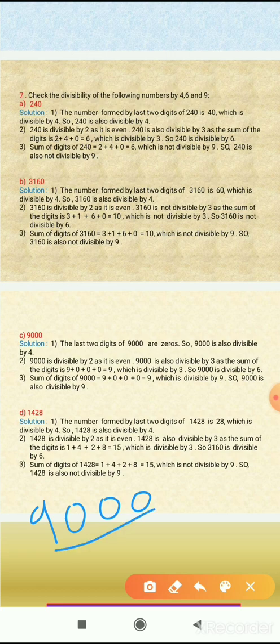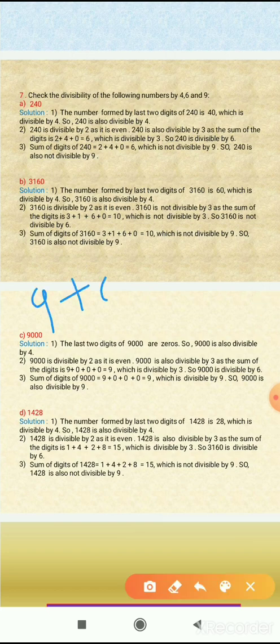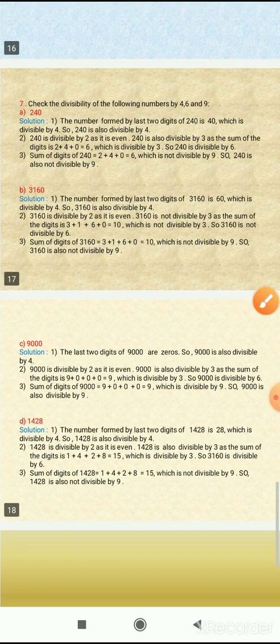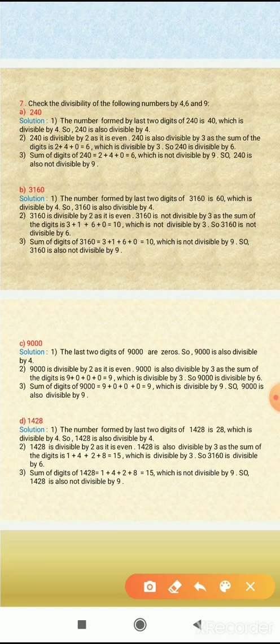Now we will check its divisibility by 3. 9 plus 0 plus 0 plus 0, we get sum 9. So 9 is divisible by 3. So here 9000 is divisible by 2 and divisible by 3. So 9000 is divisible by 6. Also 9 plus 0 plus 0 plus 0, we get 9, which is divisible by 9.